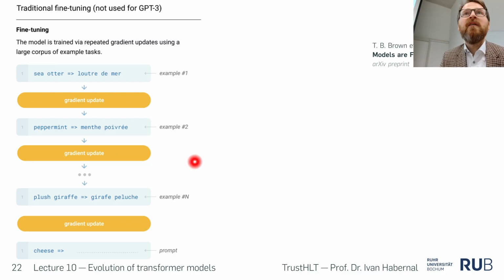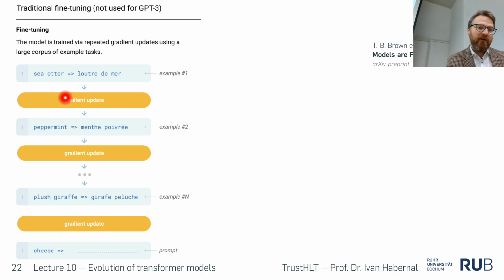Is it readable? Okay, so I need to zoom in. So the model is trained via repeated gradient updates using a large corpus of example tasks, of course. So this is the standard thing. For example, you want to do machine translation here. So you show it an example of machine translation, just a decoder model.